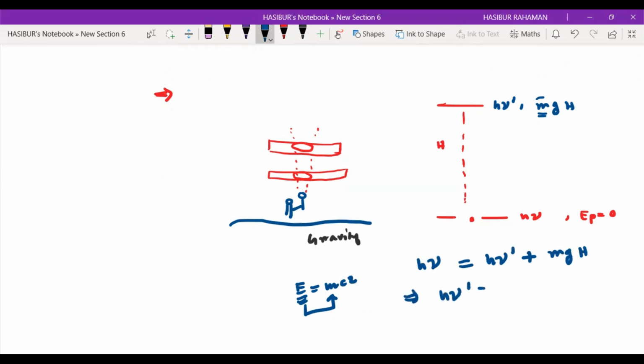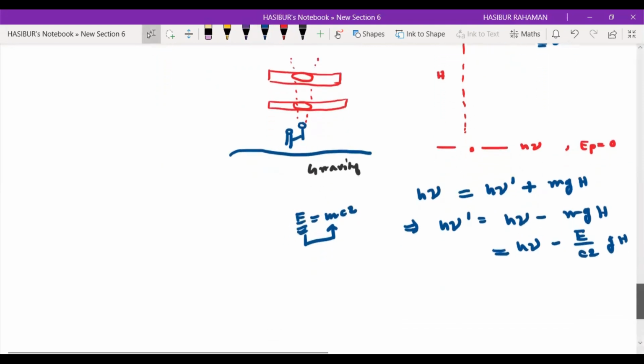Now h nu prime will be h nu minus mgh, and m will be E upon c square, so E upon c square times gh. Here E is basically h nu. So h nu prime will turn out to be h nu times (1 minus gh upon c square).